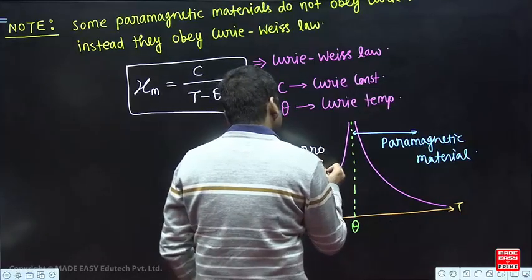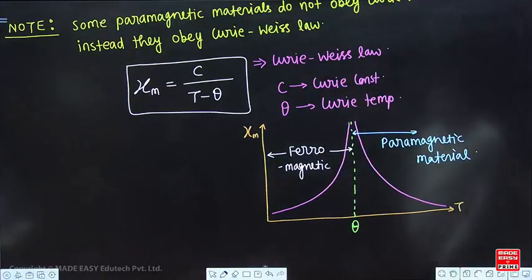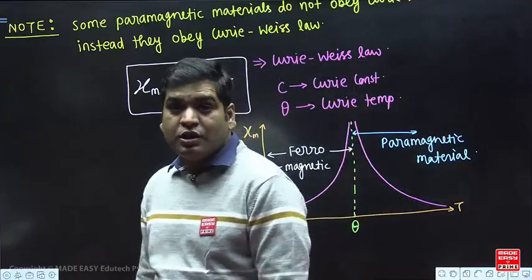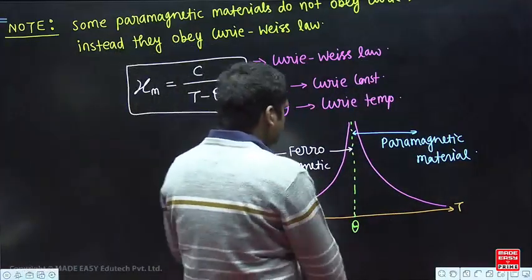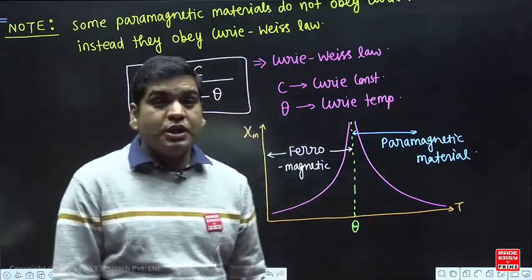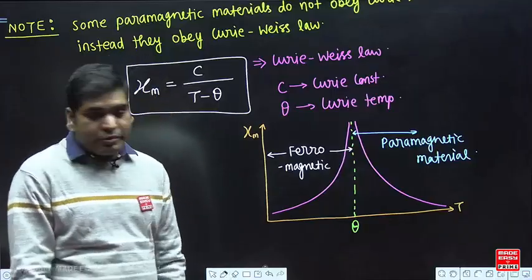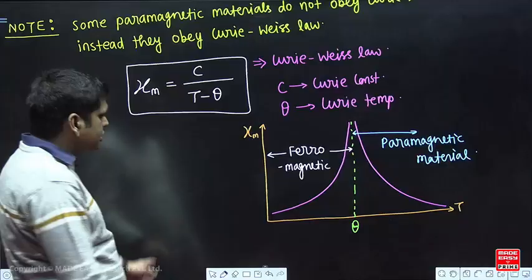So in other words, in ferromagnetic materials with increase in temperature, magnetic susceptibility increases, whereas in paramagnetic materials with increase in temperature, magnetic susceptibility decreases. That is the implication of this graph. What is ferromagnetic material, that we will discuss in the next class.